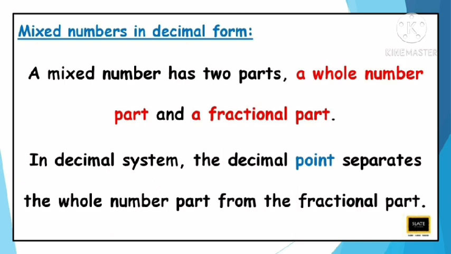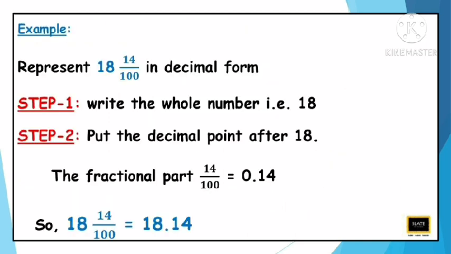In decimal system, the decimal point separates the whole number part from the fractional part. Now let us see an example. Let us represent 18 and 14 by 100 in decimal form.